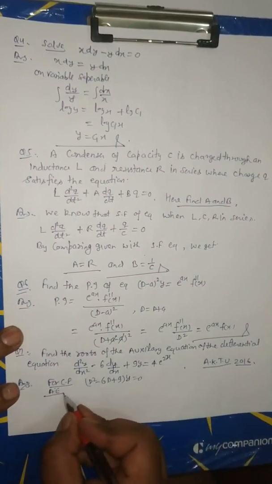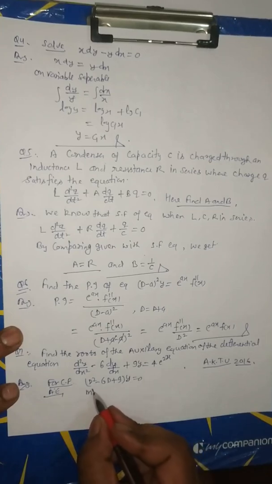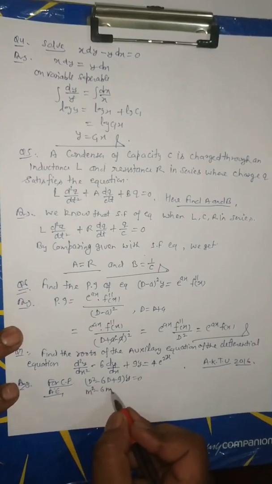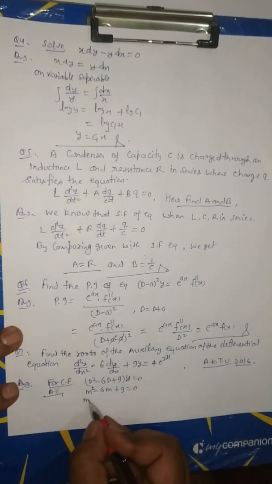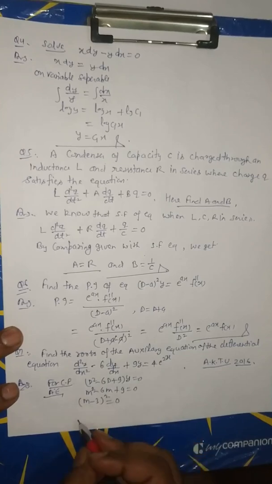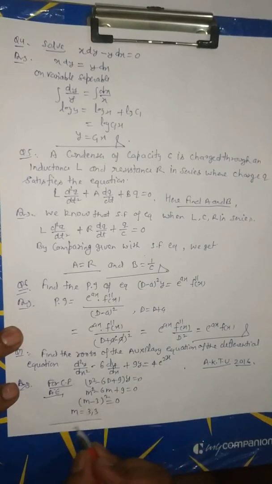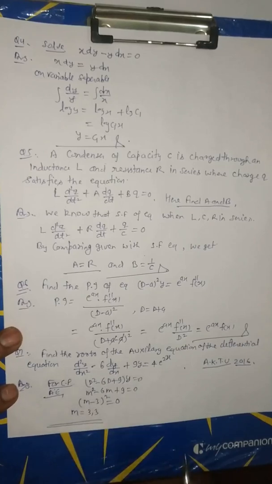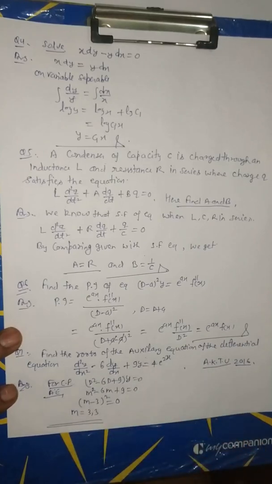Now the auxiliary equation, by putting D equal to m, we get m square minus 6m plus 9 equal to 0. This is (m minus 3) whole square. Now m is equal to 3, 3 are the roots of the auxiliary equation of the given differential equation.